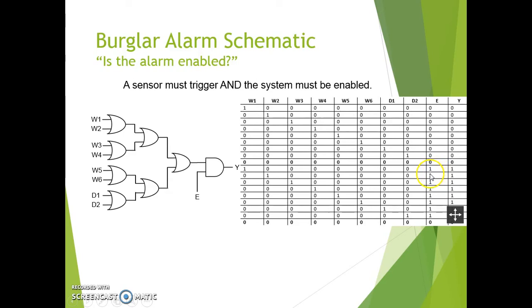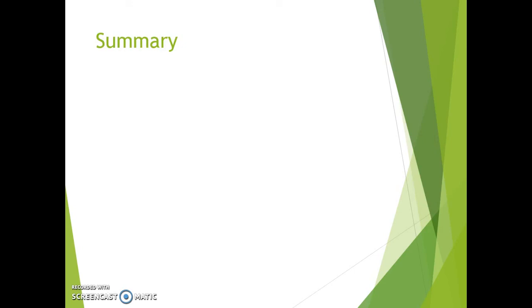However, if the alarm's enabled, the only case we need is one of the sensors to trigger and the alarm goes off. So our new Boolean expression becomes Y equals all of the sensor inputs in OR form AND the alarm enabled. So there's a practical application of the logic gate concept.